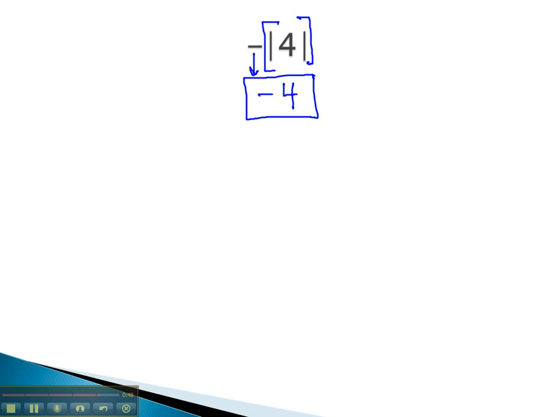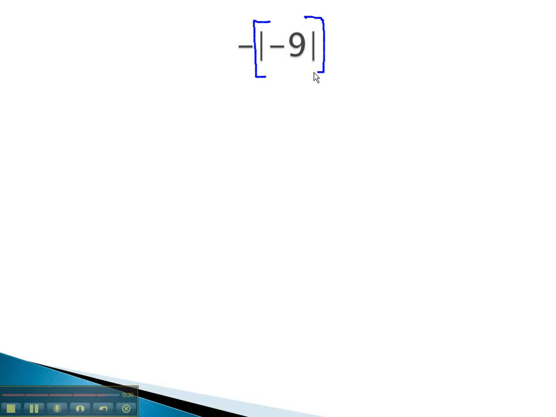Let's try one more as we kind of play with this idea of opposites, negatives, absolute values. What do they mean? Here we have the opposite of the absolute value of -9. Again, thinking about it like order of operations, let's do that absolute value of -9 first.